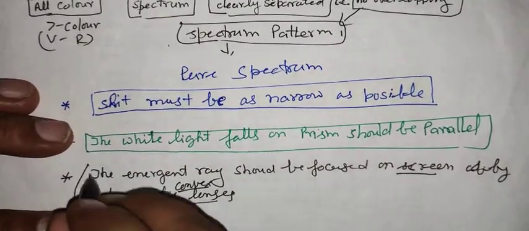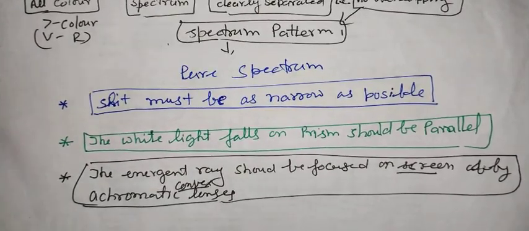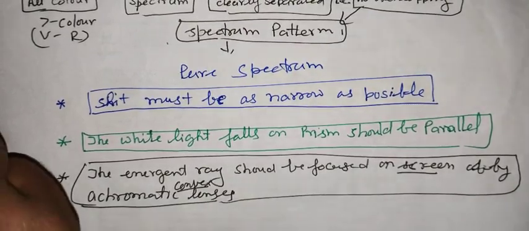This is the third condition. We know that in an achromatic combination, color aberrations are removed by the achromatic combination of lenses.